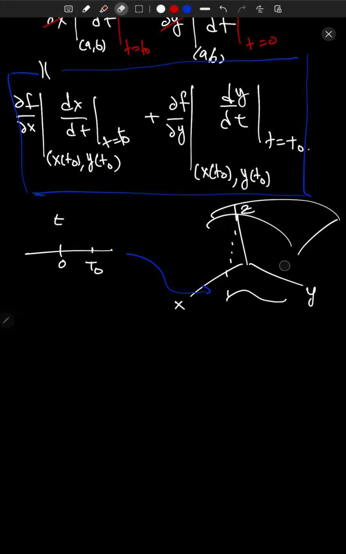Let me do this in a different color. That gives us outputs, and these represent the outputs of my composition function. If we move along this way, that moves us along this way, which gives us outputs up there, and we're calculating how those outputs change over time.